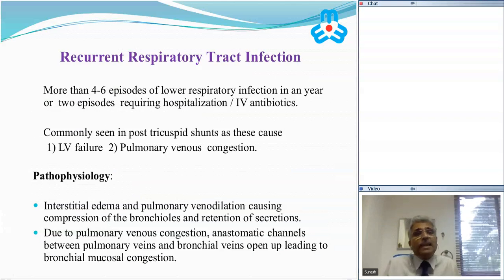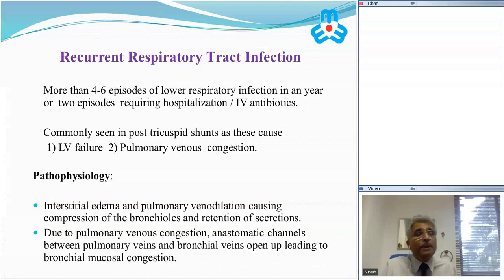Now about recurrent respiratory tract infection, when do you say that there is a respiratory tract infection? Let us be sure of a few things. If a baby is getting episodes of cold, it has nothing to do with the heart. So let us never say that a baby has episodes of cough, cold. It is meaningless.